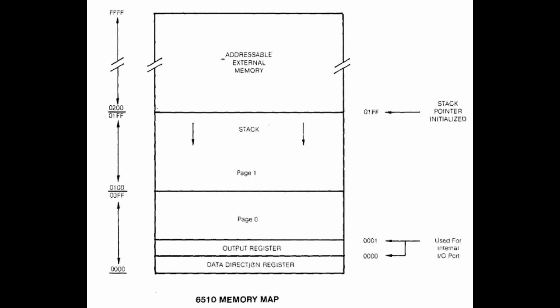Well, the datasheet says these two locations are initialized with the content 0. So both these two memory addresses will read as 0 after the processor has executed the reset procedure.